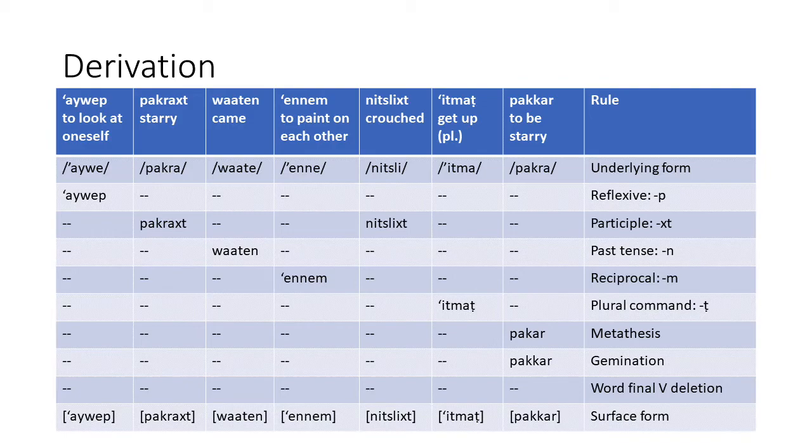I just showed you the process that needs to happen to go from pakra to pakkar, as a comparison with the other forms. You can compare that with pakracht, starry. Usually if you want to make a grammatical form, like some kind of tense, participle form, or a command, you just need one affix onto the underlying form, and you got it.